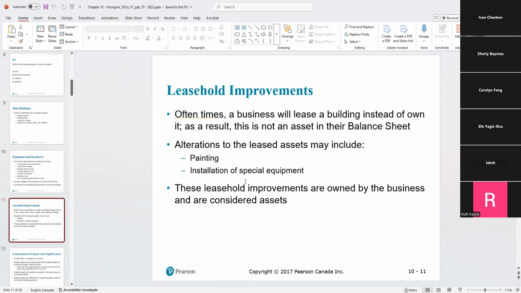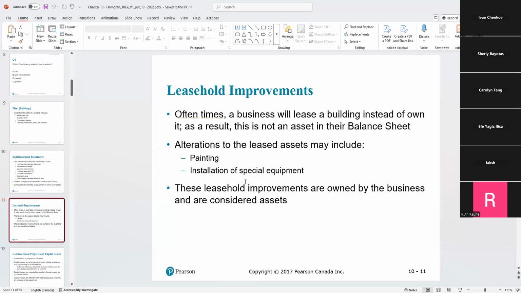So once you sign the lease, usually you're getting premises which might not be in the exact condition that you want to use it for. So what do you have to do? You have to do the major renovation on the premises once you sign the lease agreement, let's say for 5 years.